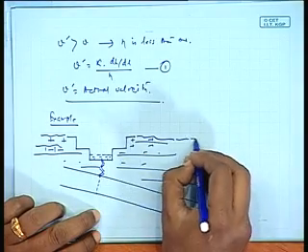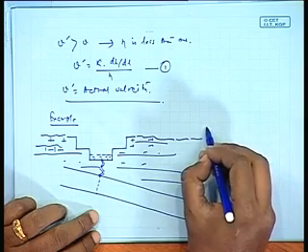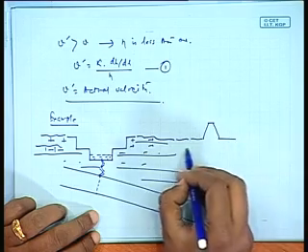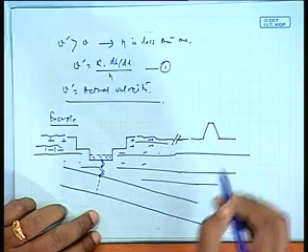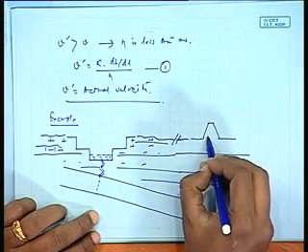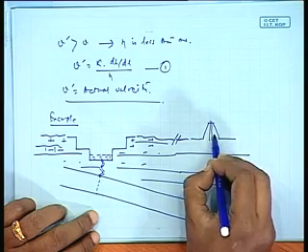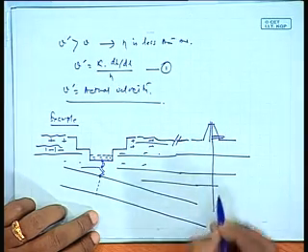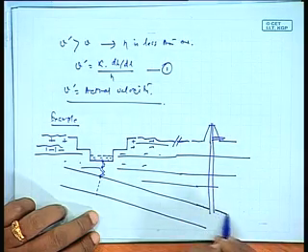We consider this. Now, suppose we have one installation here, a groundwater pumping installation at a distance, which is drawing water from this aquifer.